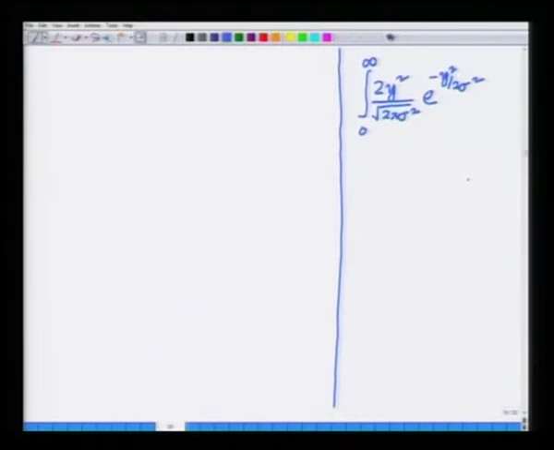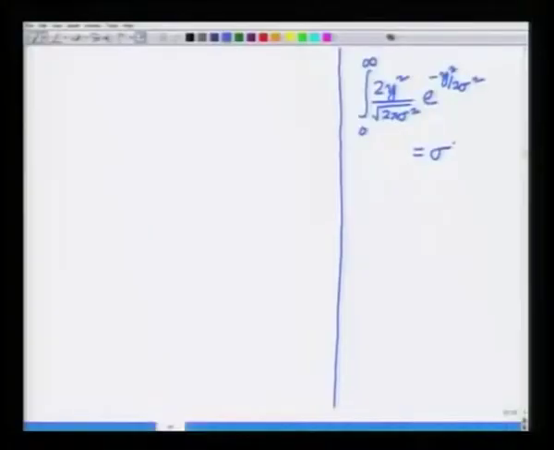As the audience is familiar with random processes, you will immediately recognize this as the variance of a 0 mean Gaussian random variable with parameter sigma square, and the variance of this is nothing but sigma square, right. So, the integral from 0 to infinity of 2y square by root 2 pi sigma square, e power minus y square by 2 sigma square dy, is sigma square.